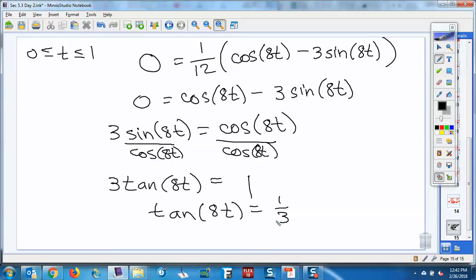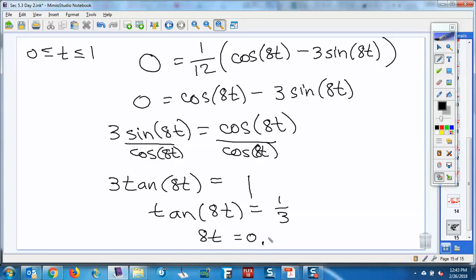All right, so go to your calculator and you're going to type in what? Inverse tan of 1/3, in radians. Make sure you're in radians. What do you get? So what should I write down right now? 8t equals 0.32175.